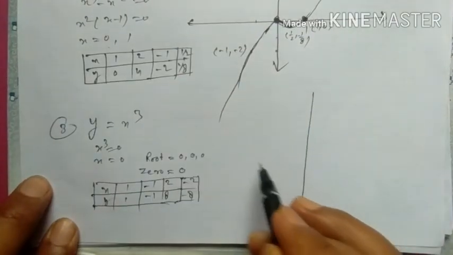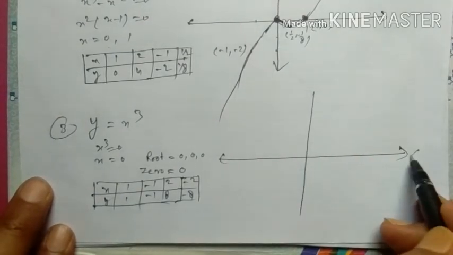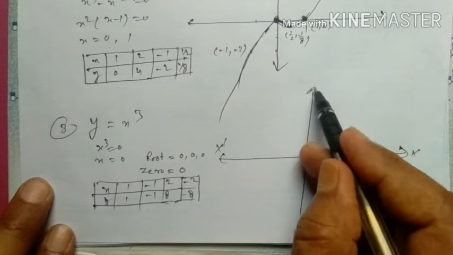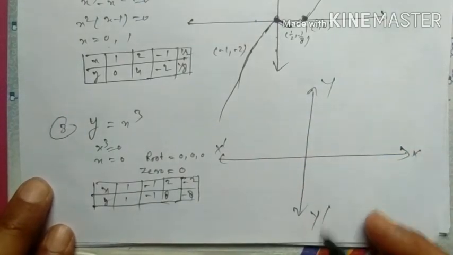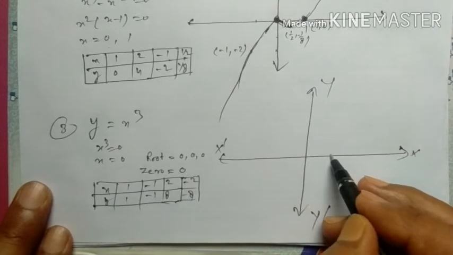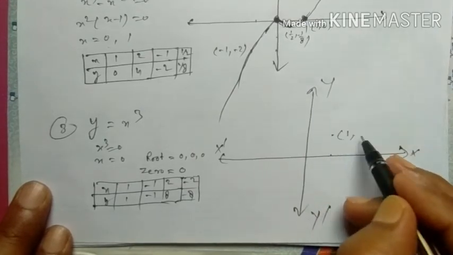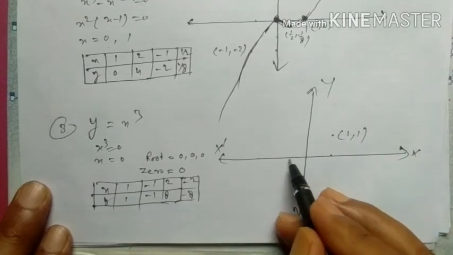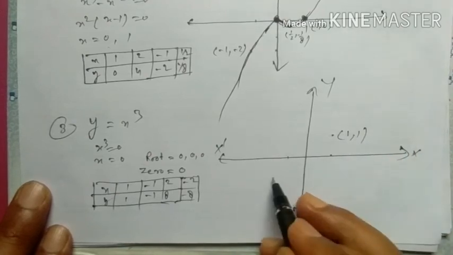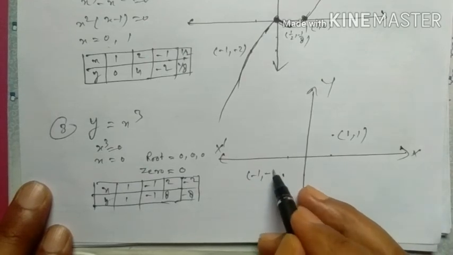When we plot for this x and x dash, this is y and y dash, here 1 and 1, so this is 1 and 1, this is minus 1, minus 1.